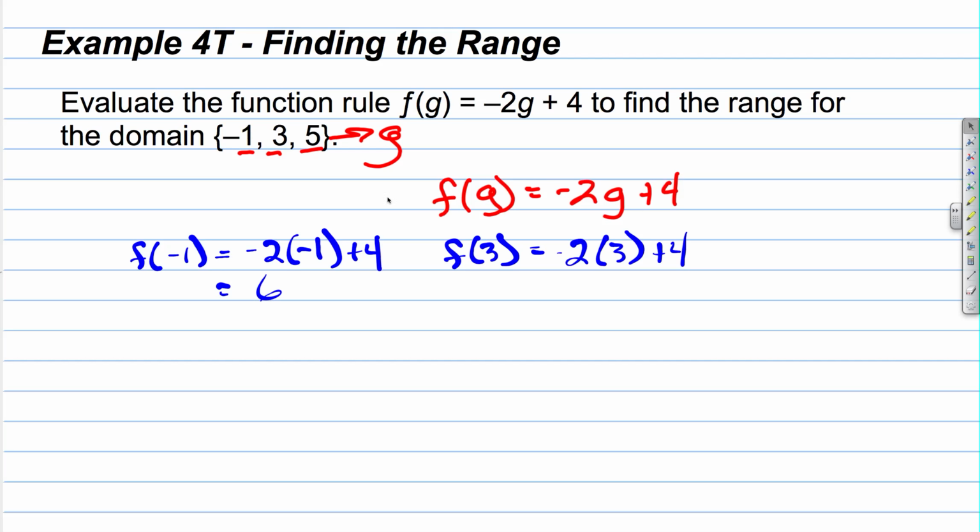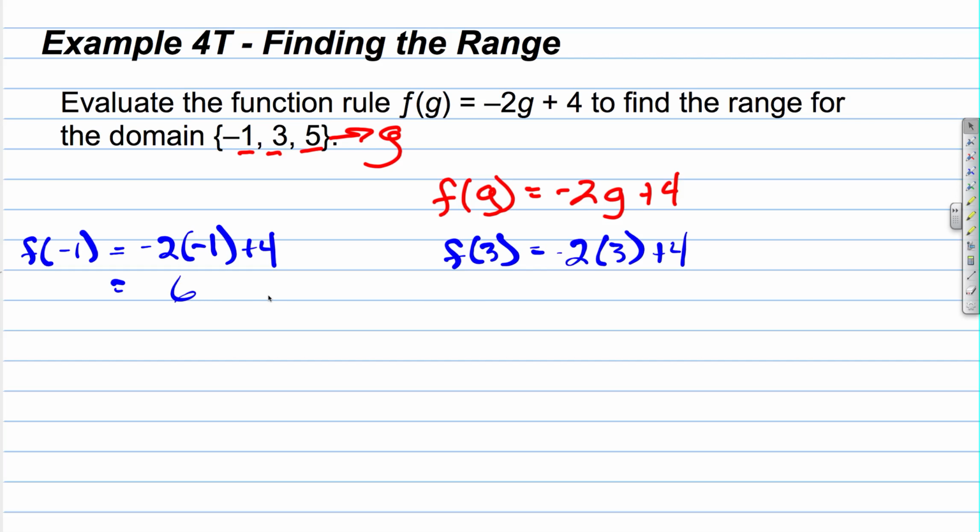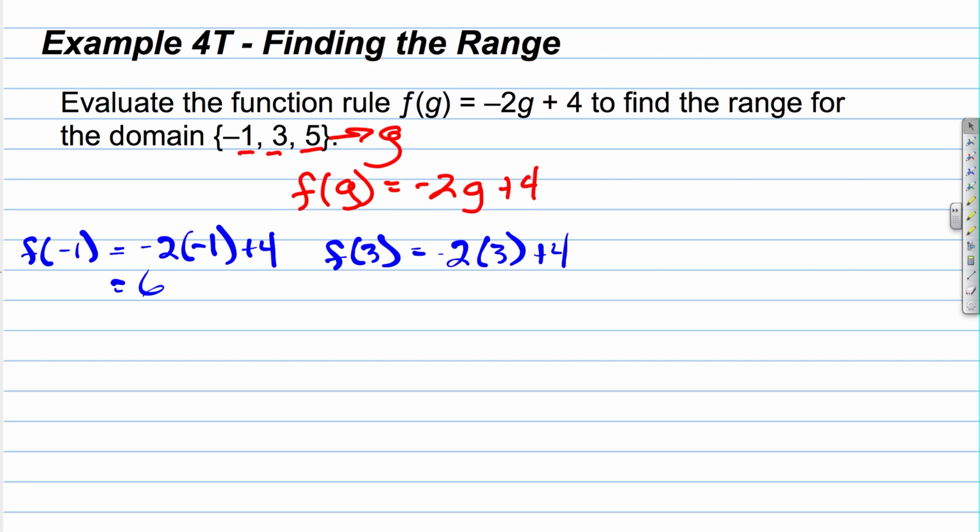I just didn't rewrite what I have here in red. So in essence, I'm doing the same problem 3 times. I'm just using 3 different numbers, and I'm not copying what's in the red every time, just to save myself a little bit of time.